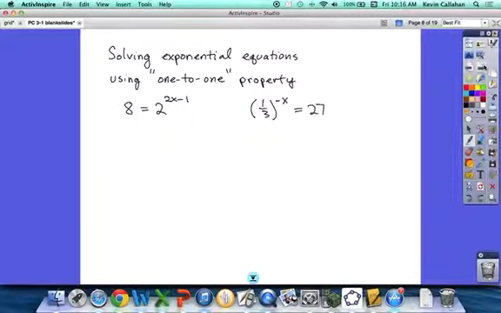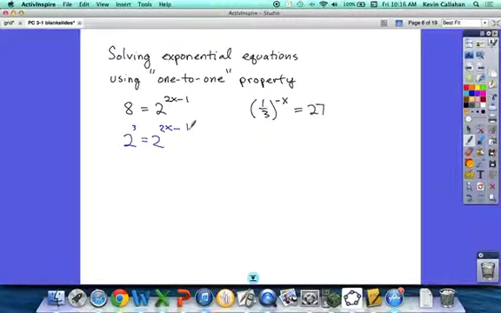Okay. So when you solve an exponential equation using this 1-to-1 property, what you're trying to do is make both sides have the same base. And then because they have the same base, their exponents must be equal. So for example, I can write 8 as 2 raised to the 3rd power, right? So if I substitute 2 to the 3rd for 8, because they have the same base and it's an equation, the left equals the right, the exponents have to be equal.